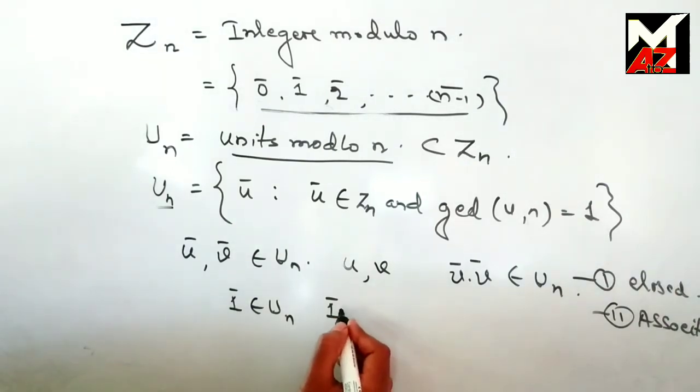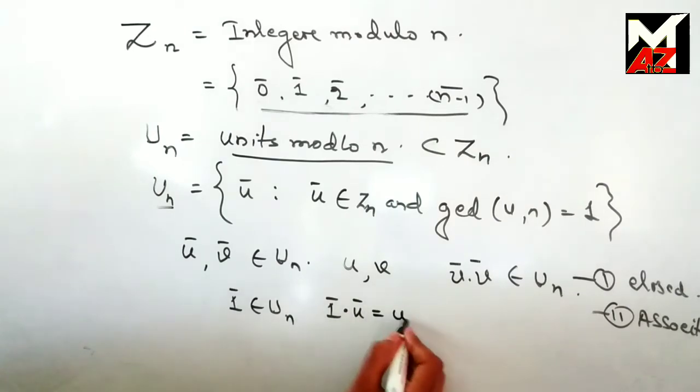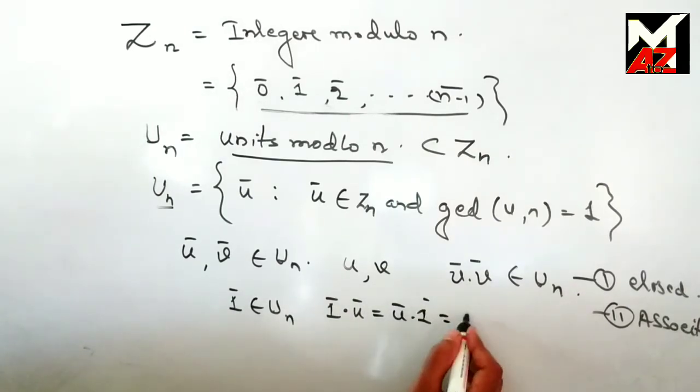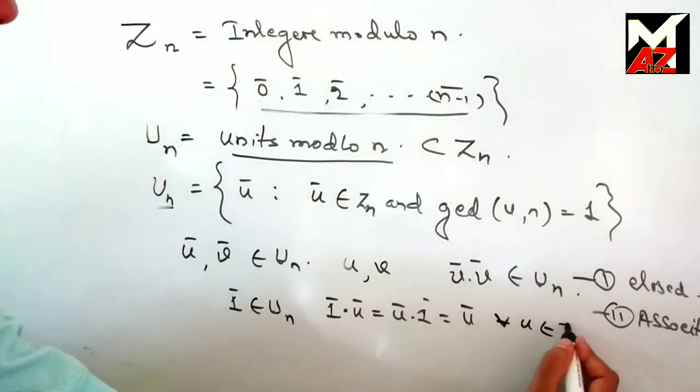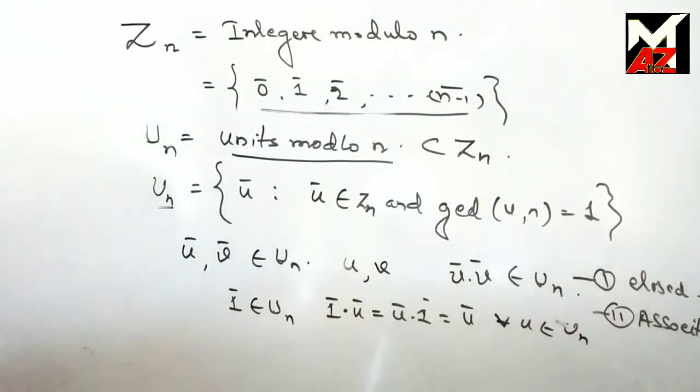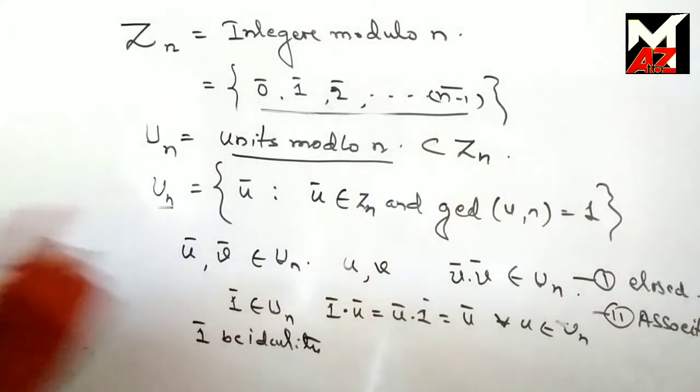One class has the property that one class into U class is equal to U class into one class, which is equal to U class for all U class belonging to Un. So we say that one class is the identity, and this is the third property of the group.